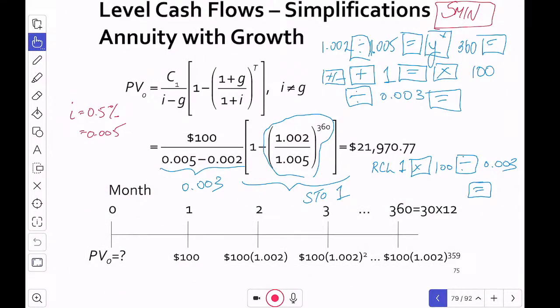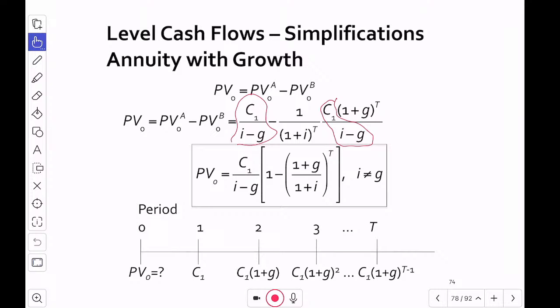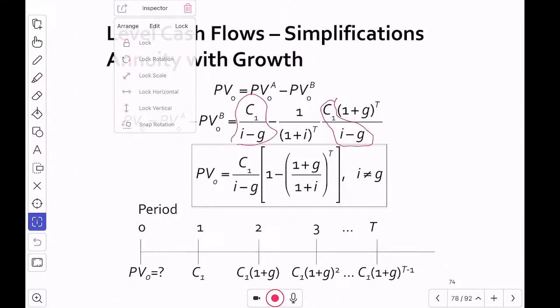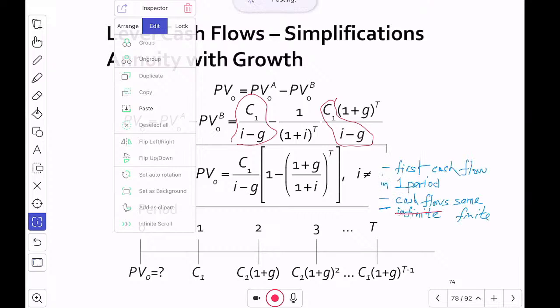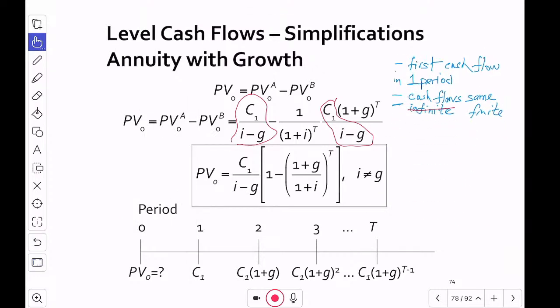What are the conditions for this formula? So we have the formula here. Let's put them down here. So it's like an annuity. The first cash flow is in one period. Cash flows are the same. That's not true, right? We got to change that. I'm going to add the words grow at the same rate. Cash flows grow at the same rate.